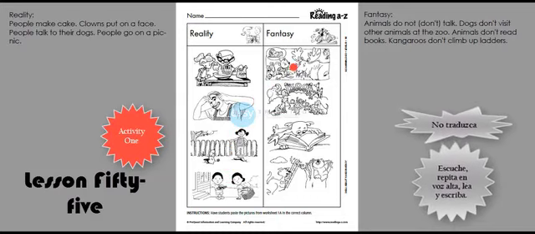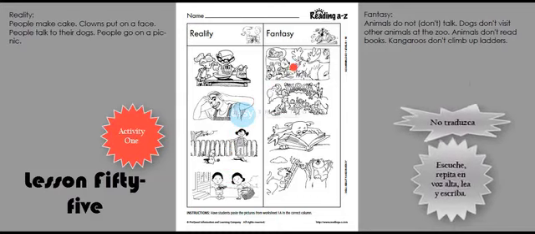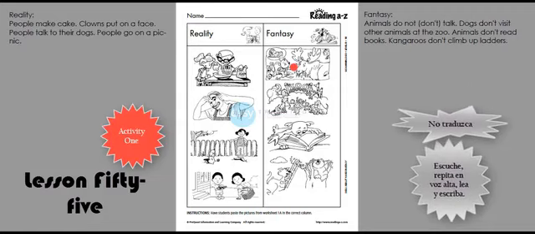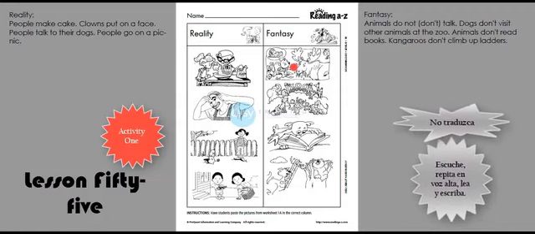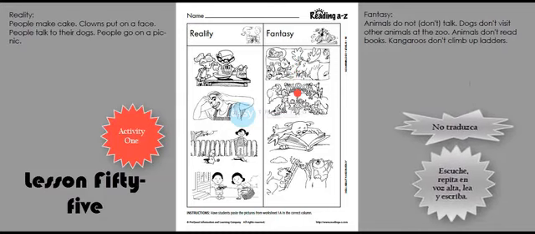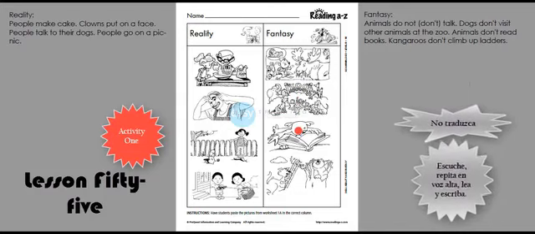Animals do not talk. En paréntesis he escrito don't, que es la forma abreviada de do not. Animals don't talk. Dogs don't visit other animals at the zoo. Animals don't read books.